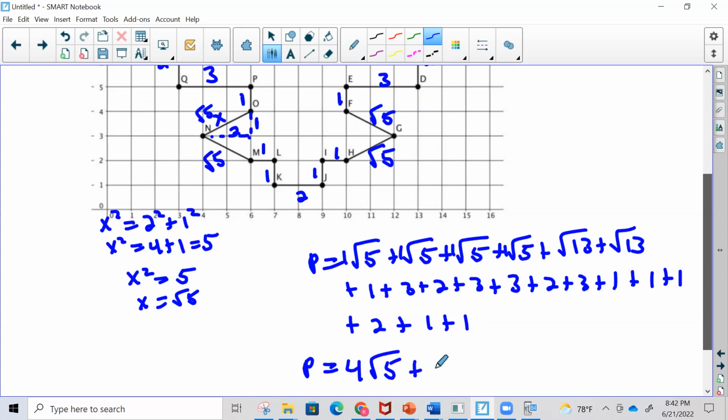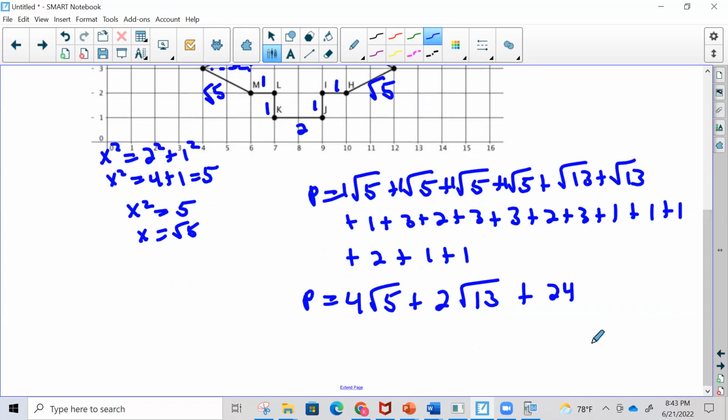Plus, I have 2 square root of 13s, okay, or 1 and 1 is 2. And then I'm going to add all of these together. And then if you add them all out, you should get 24. So that would be my answer.